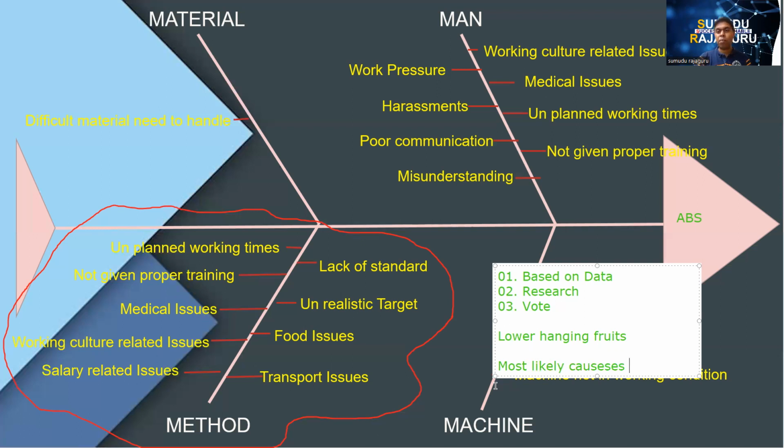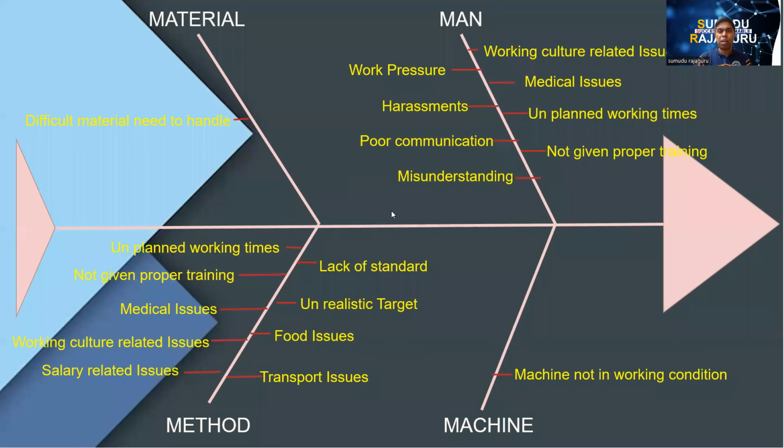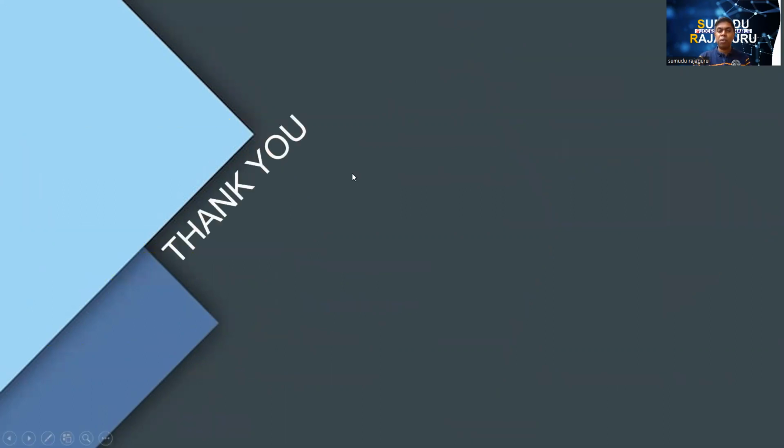So fishbone diagram is not a problem solving tool. Actually, it is a problem analyzing tool. So I think now you have some good idea about the fishbone diagram. I would like to summarize all the things again. Fishbone diagram we use to categorize the possible causes for some problem. There are several names we can use for fishbone diagram.